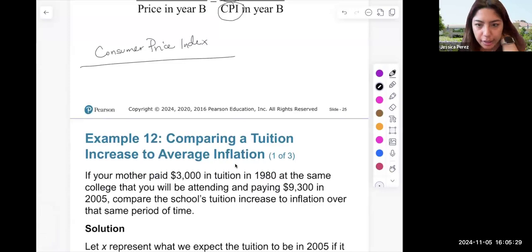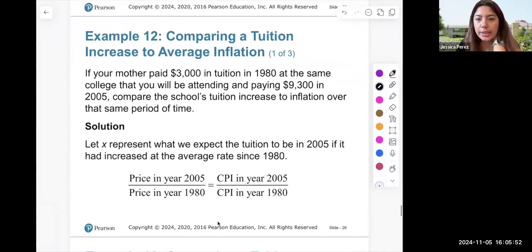Looking at the comparison of a tuition increase to average inflation. If your mother paid $3,000 in tuition in 1980, at the same college you will be attending paying $9,300 in 2005, compare the school's tuition increase over the same period. So let's look at this.